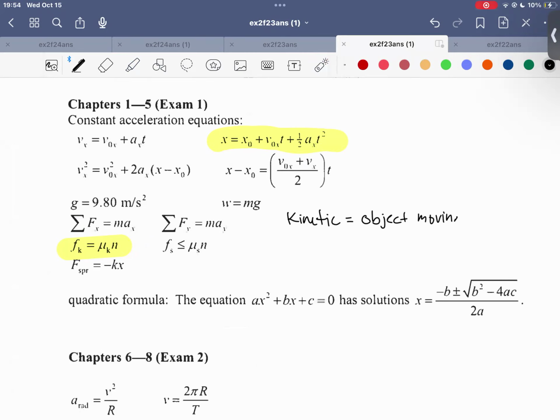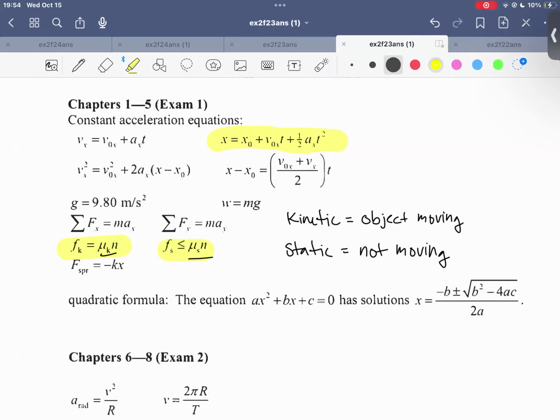But when you apply them, they're basically the same thing. The formula is not any different. This inequality here is saying if your mu static is greater, it exceeds this static friction, then it's going to be converted to kinetic friction. That's all it's saying. But just know, when you apply them, they're basically the same thing.